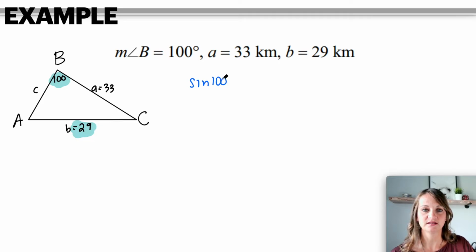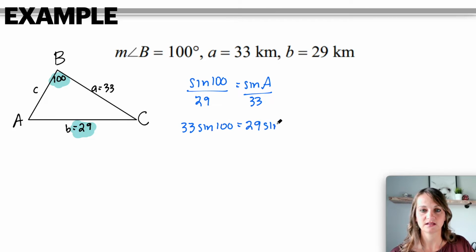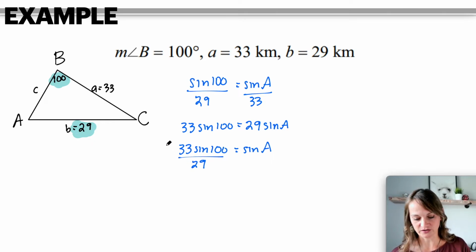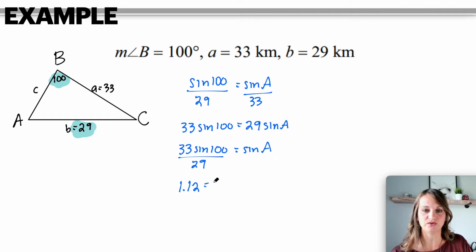So sine of 100 divided by its opposite side is going to equal the sine of angle A over its opposite side. When you cross multiply, and then to solve for angle A, if you were to put this in the calculator first, you will get 1.12 equals the sine of A. Now, in order to find an angle, this is where you have to take the inverse.